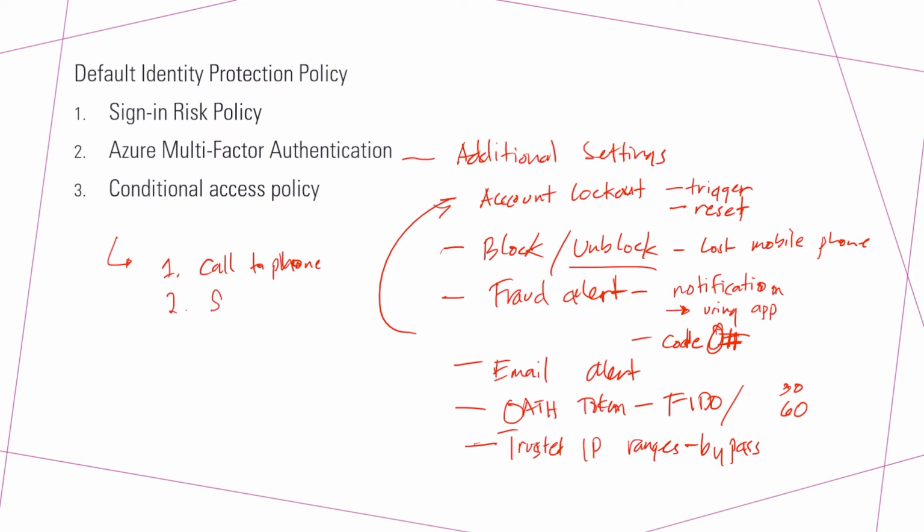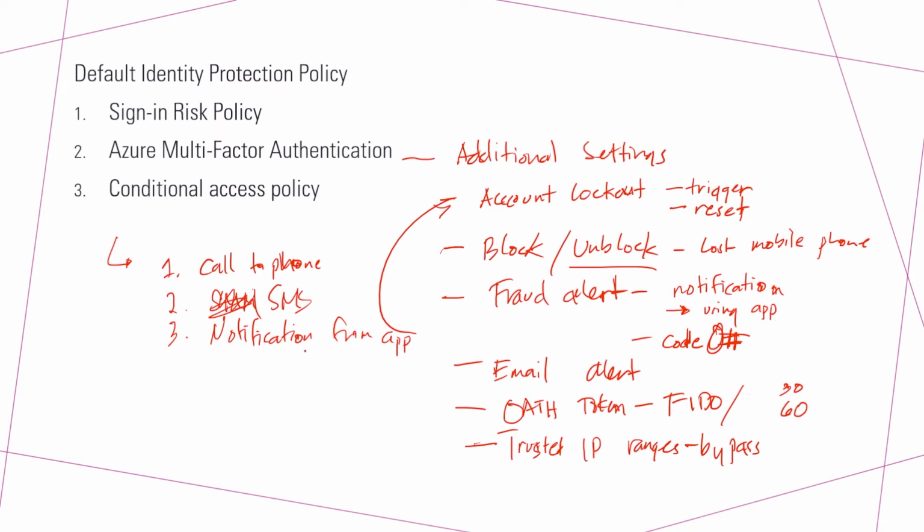Another option is the text message, SMS. So Microsoft will send you a code in order for you to enter to your sign-in screen to authenticate your login. Then there's the notification from app.